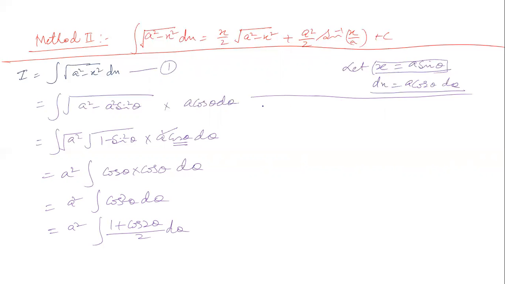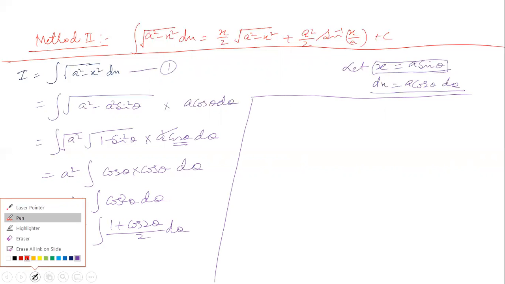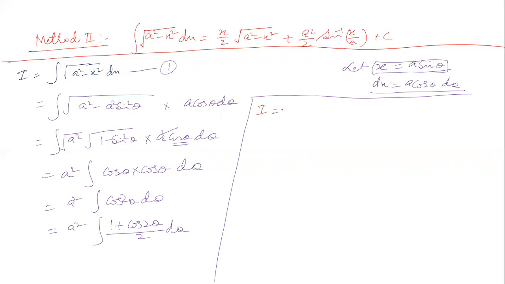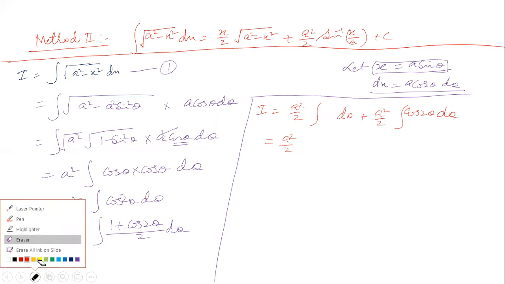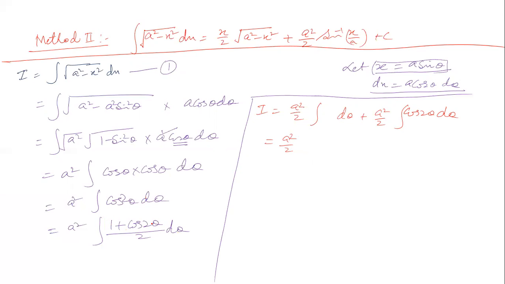We can write it as I equals a square upon 2, and separating it, integration of a square upon 2 d theta plus a square upon 2 cos 2 theta d theta.